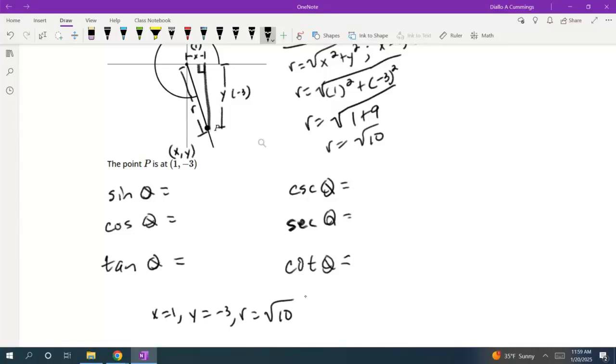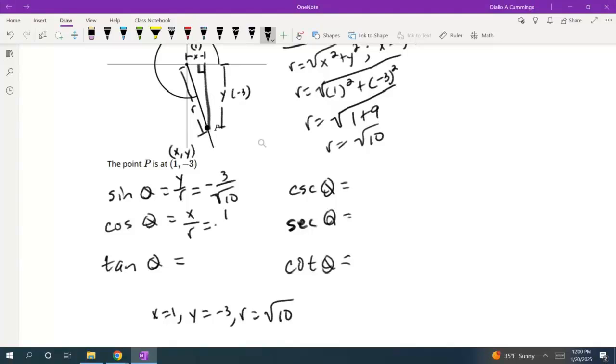So remember that the sine of some angle, that's y over r. So if I look below, the y value is negative 3, the r value is square root of 10. So the sine is negative 3 over the square root of 10. The cosine of some angle has the formula x over r.